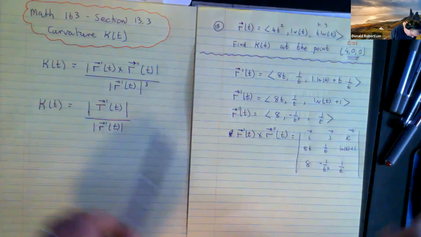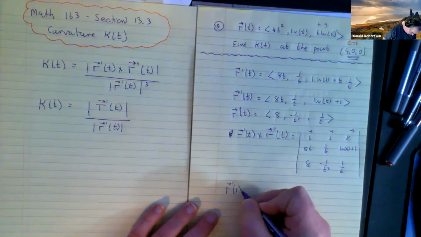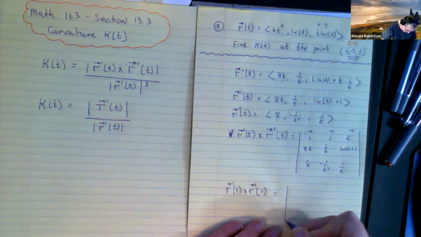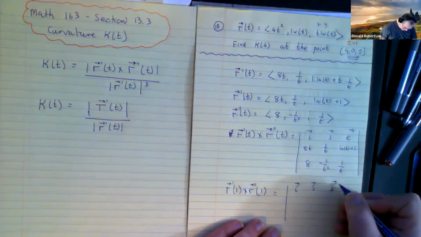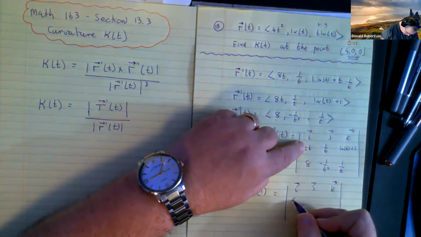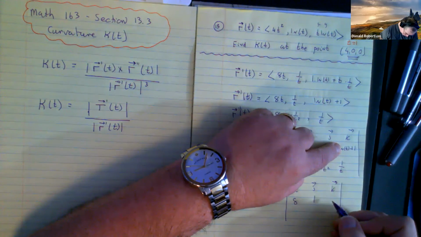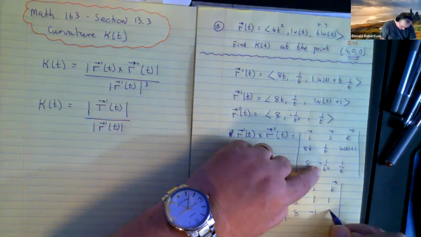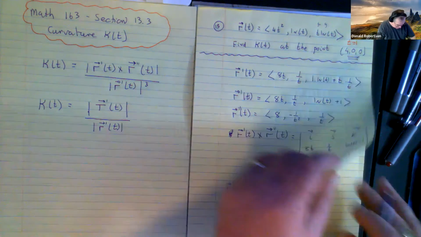So that means that the cross product I'm going to do is only going to be at t equals 1. So I have an i, a j, and a k. And that's 8 times 1, 1 over 1. The log of 1 plus 1 is 0 plus 1 is 1. That's 8, that's negative 1, and that's 1. Would you agree that's just much easier to deal with? And continuing then.